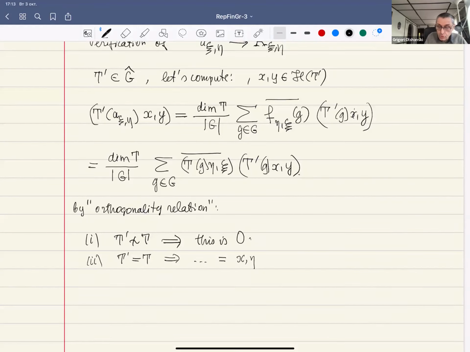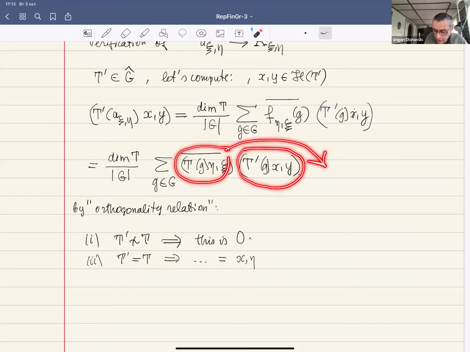To reduce this to the convenient form of orthogonality relation, we should imagine this as first and place this on the right.